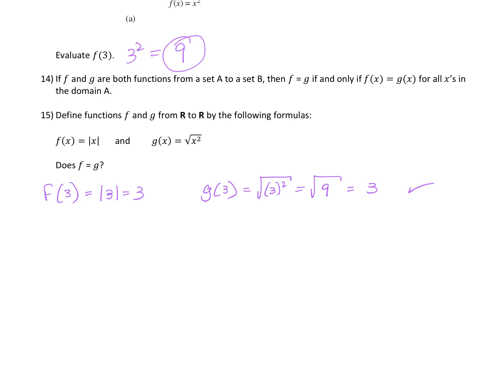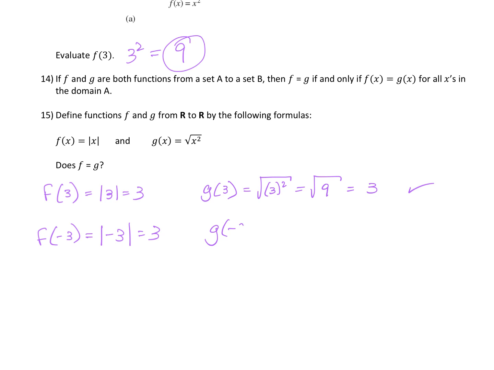We better check some negatives because absolute value function and squaring functions both have things that happen with negative numbers. So let's do f of negative 3. That would be the absolute value of negative 3, which is 3.